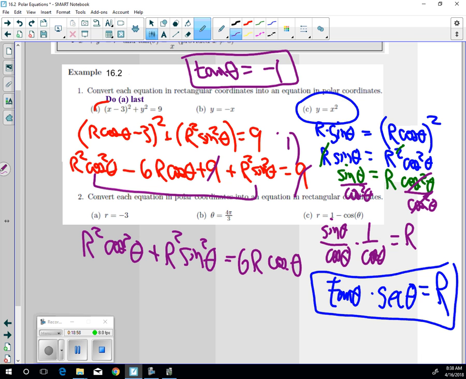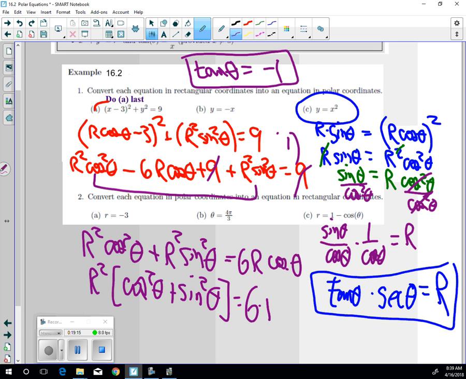And just do me a little favor. Would you come up with a method of simplifying this? Let's do this first. Take out an r squared. And what is cosine squared plus sine squared? 1, right?